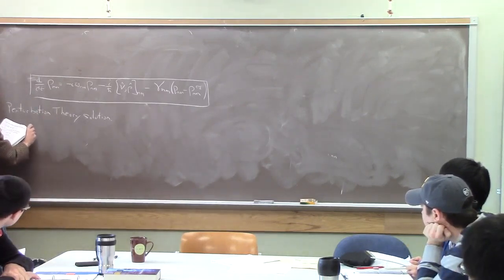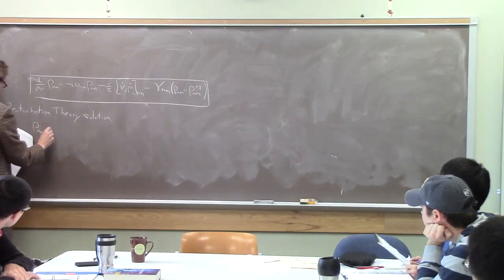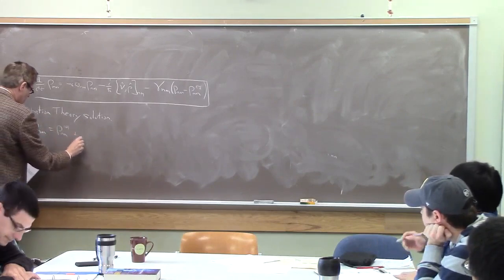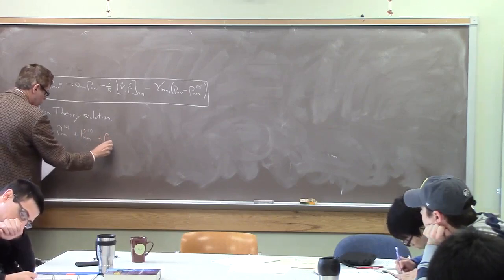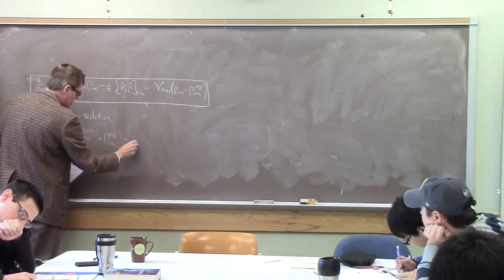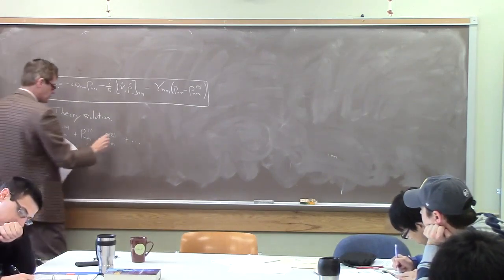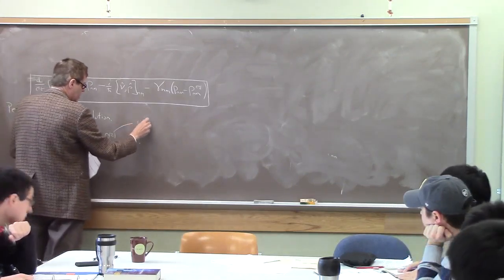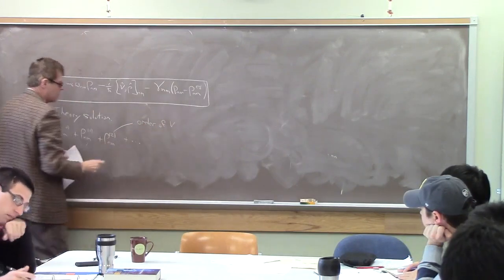So we want to seek a solution of the form rho NM is equal to rho NM zero plus rho NM one plus rho NM two plus dot dot dot, and the number here is the order of V.